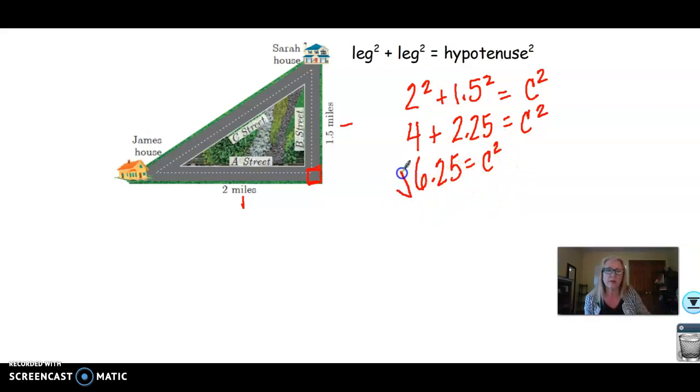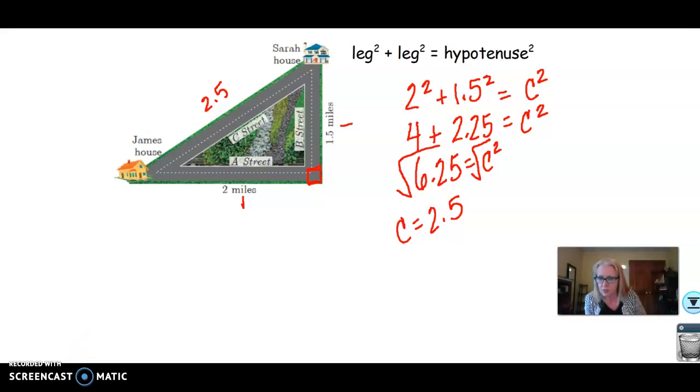So we do the square root of 6.25 and the square root of c squared. And surprisingly enough, this is not irrational. You get 2.5. How cool is that? So this distance over here is 2.5. I didn't even have to round that. That's just how it came. All right, so that's one example of how to use this.